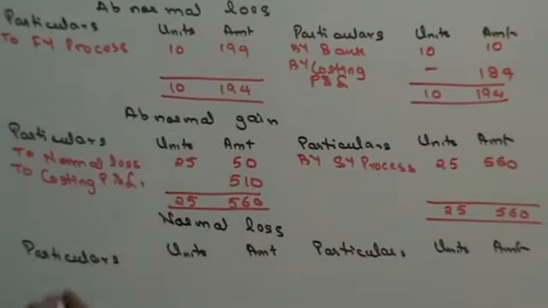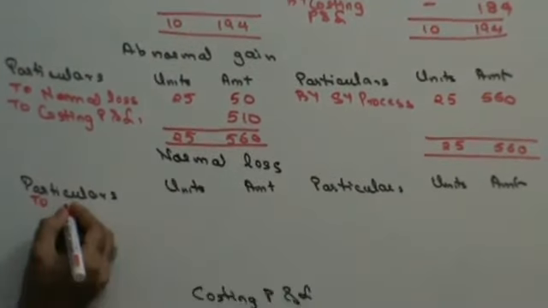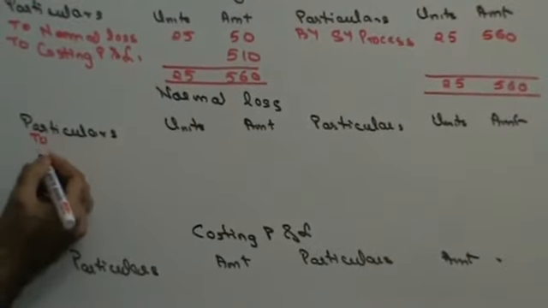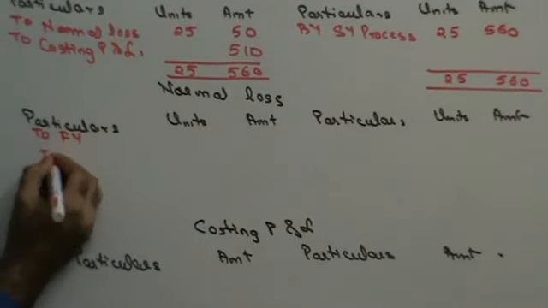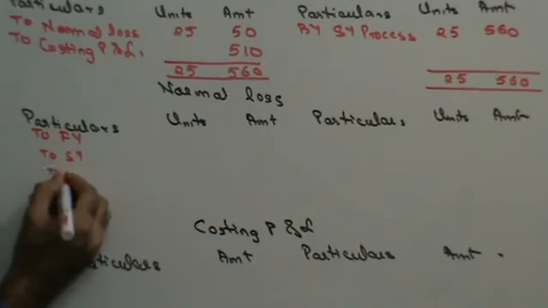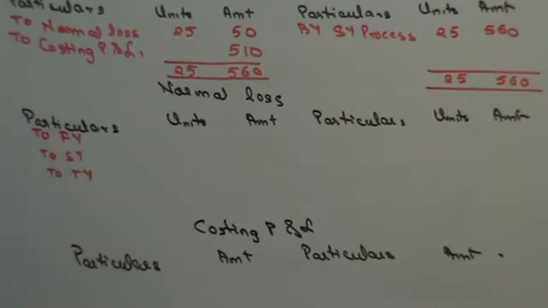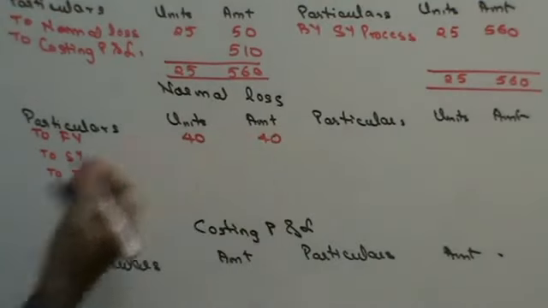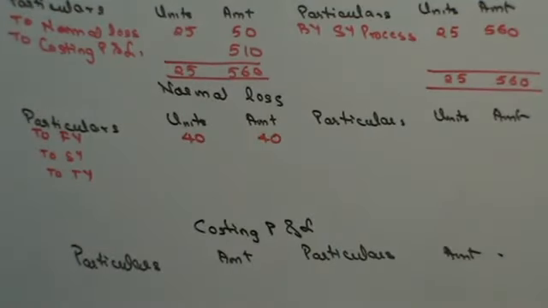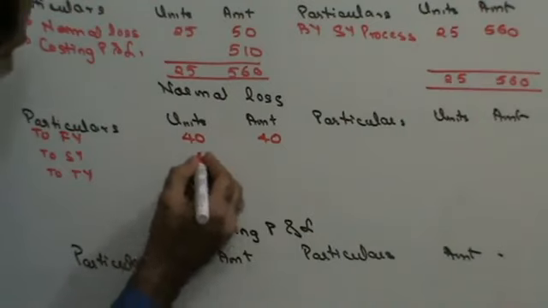Now tally normal loss. You have normal loss in all the processes. So 2 FY, 2 SY, 2 TY process. In FY process your normal loss was 40 and 40. In SY process your normal loss was 100 and 200.